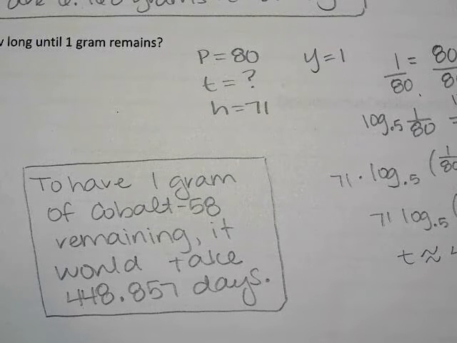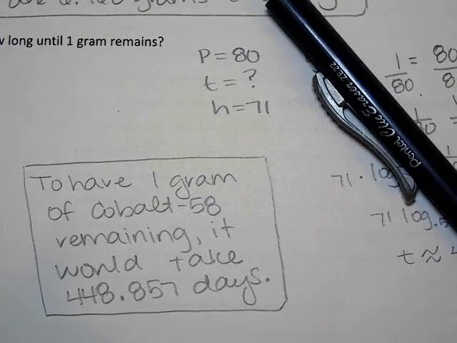Anyone figure it out? It's the t. If they ask you how long did it take to do blah, blah, blah. Anytime they ask a how long question, you're going to have to use a log. Did you guys notice that? If you go back and look at all the questions, it's always the how long question that you have to use a log to solve.